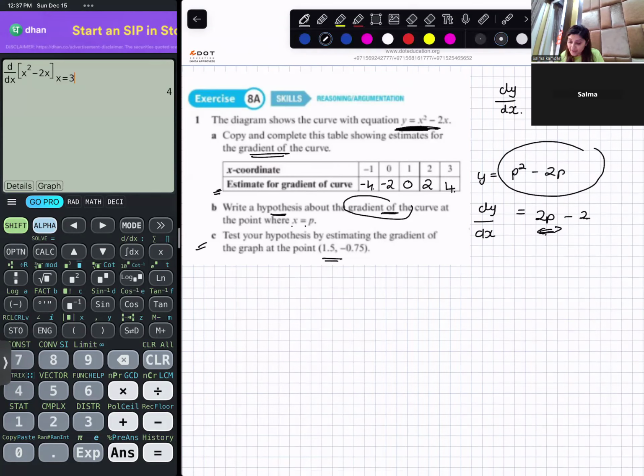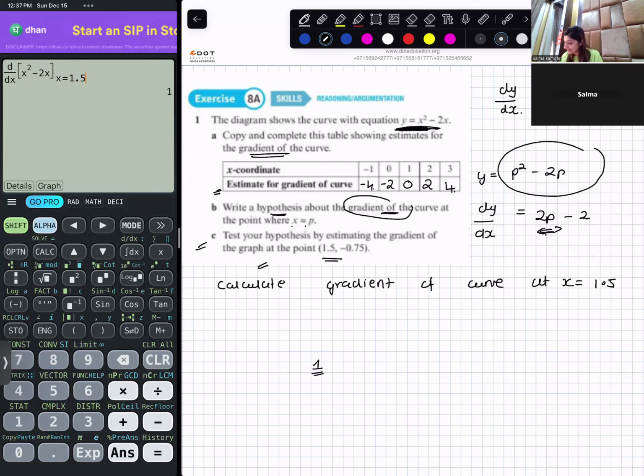So that means we are asked to estimate the gradient of the curve. What does this mean? We are asked to calculate the gradient of the curve at x is equal to 1.5. So at x is equal to 1.5, I'm just going to put it over here, and I'm going to get the answer 1.